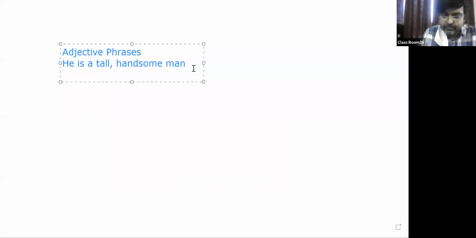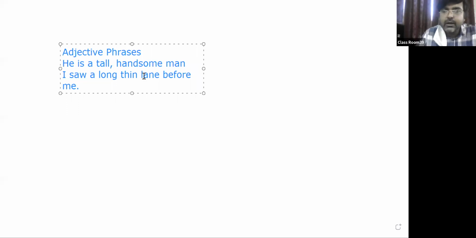Other examples will be: "I saw a long, thin lane before me." Here, this part, "long, thin", is an adjective phrase.